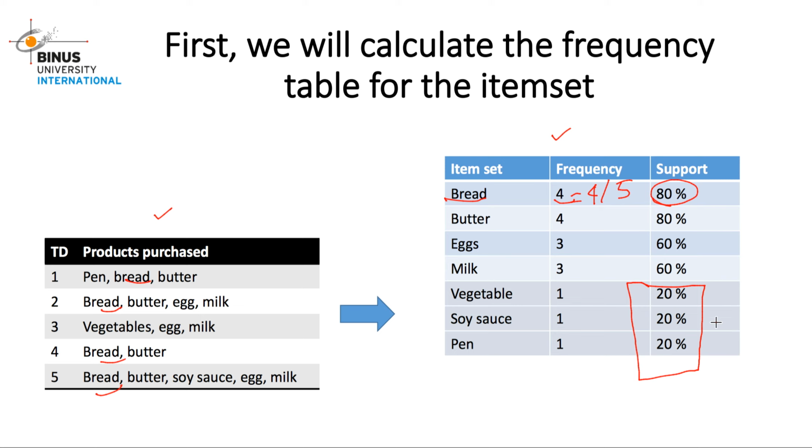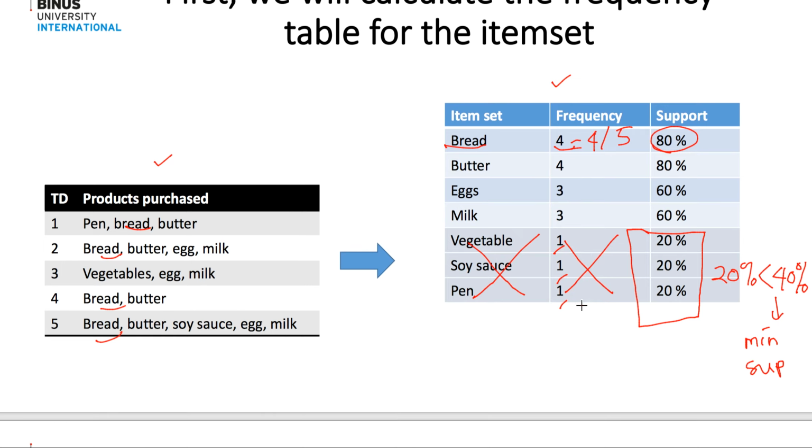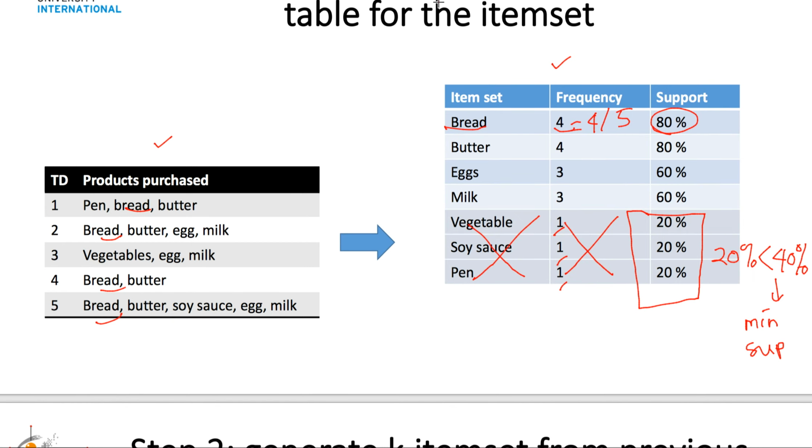Because 20% is less than 40%. This is our minimum support. So we can eliminate these 3. We don't have to include them in our next step because they only appear one time. It's not significant to build our rules. So we are left with the other 4.